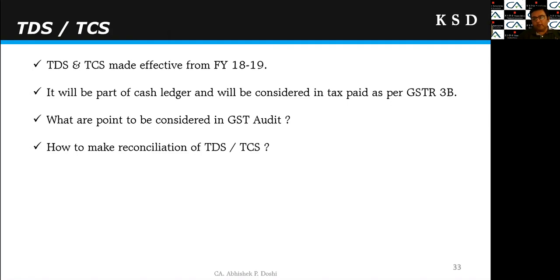So that by mistake we have not accepted TDS or TCS pertaining to some other person, right? So ideally the transactions under the tab of TDS and TCS should match with the turnover in our books of accounts. Broadly, we should reconcile and compare the TDS and TCS with our books of accounts, right?